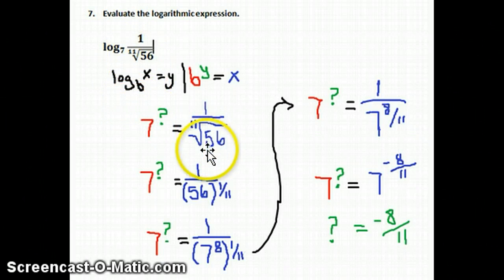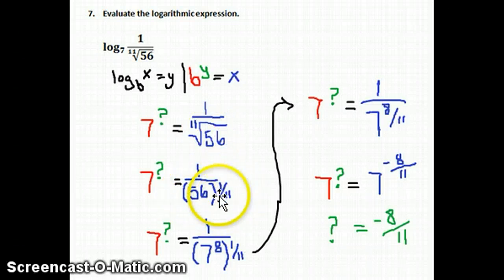And so from there, we're trying to figure out 7 to what power equals x, which is this right here. And so we're going to try and simplify it into more relative terms. So we take the 11th root of 56, and change it to 56 to the 1 over 11th power, excuse me.